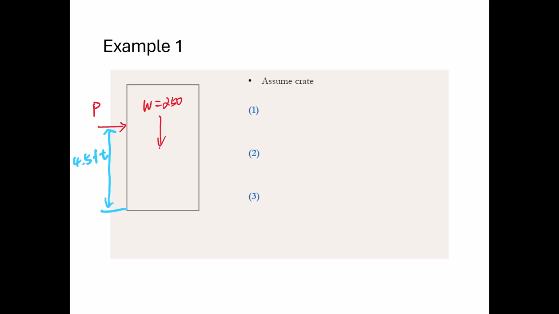So first let's assume it slips. Okay. If it slips, F equals mu s times N equals 0.4 times N. Here's N, here's F.